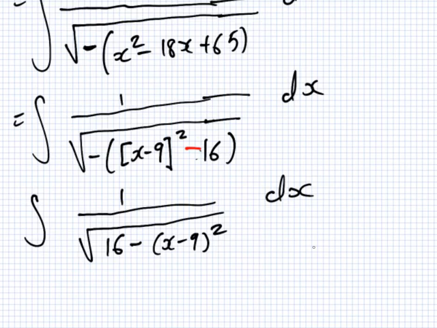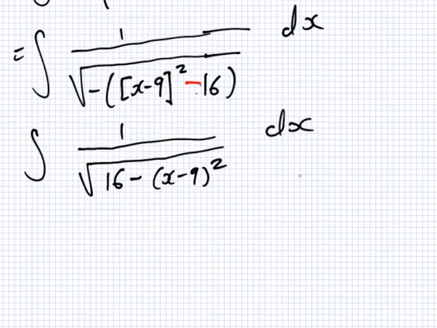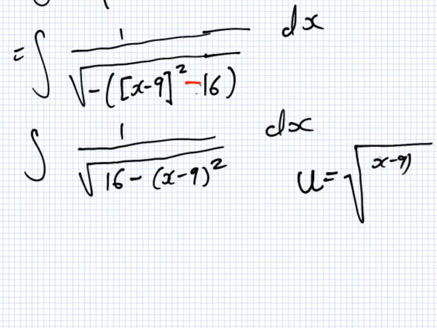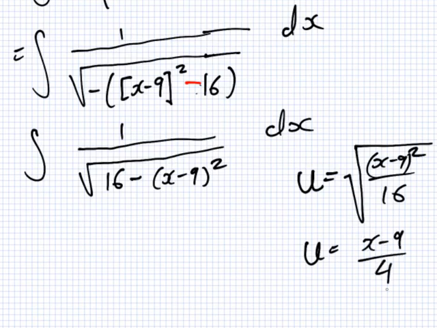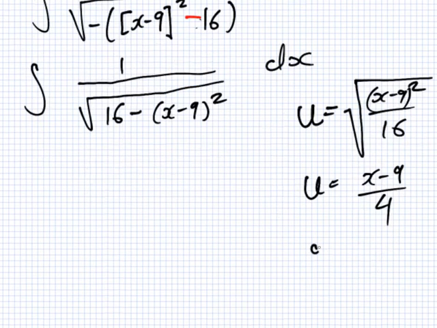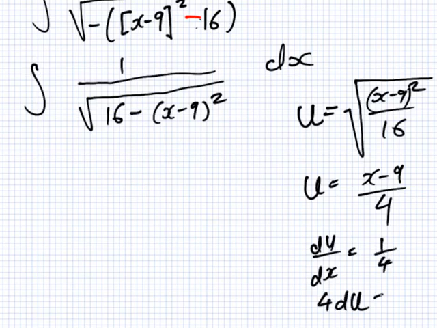So now we make a substitution. What do we let u equal to? Root of x minus 9 squared over 16. So u would equal x minus 9 over 4. What does du dx equal? 1 over 4. So that means 4 du equals dx.